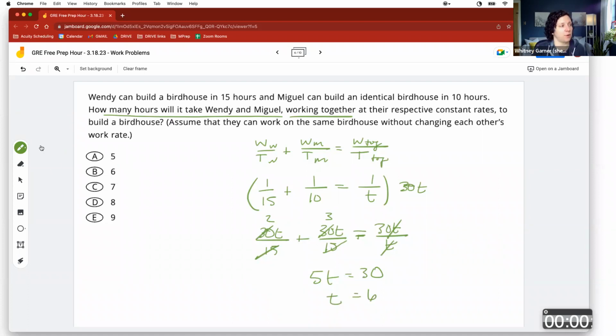One other thing to note, if you have answer choices, and this can sometimes be useful in QC, if I know everything on the left-hand side of this equation, so I know the two rates, that's the crucial piece. I know their two rates, then I can use an estimation when I have answer choices. And I want to think about it like this.